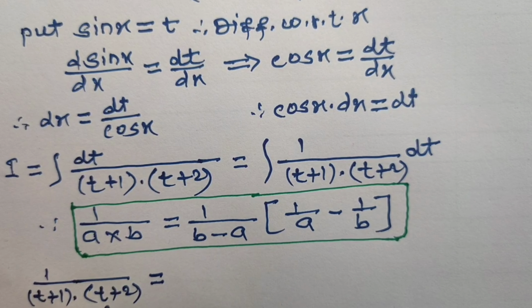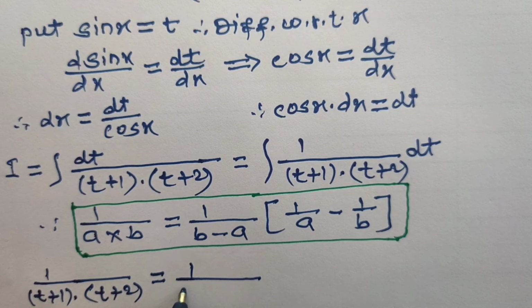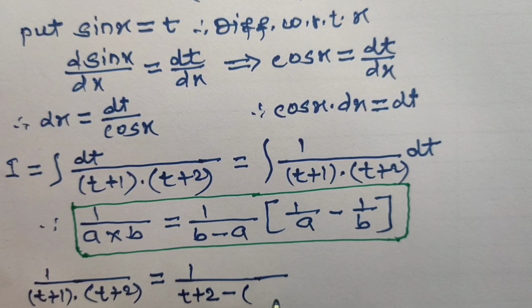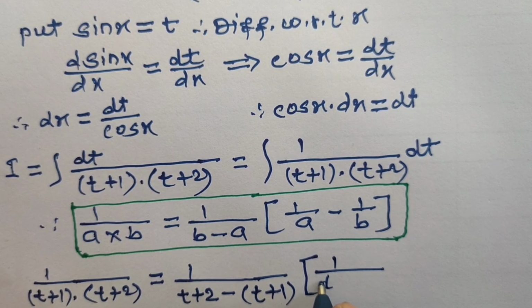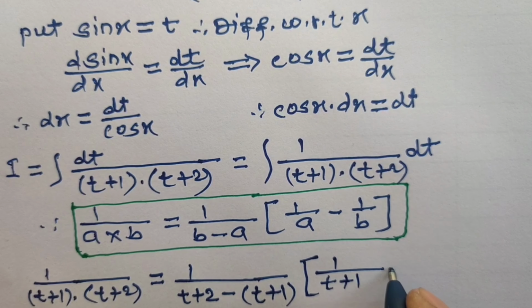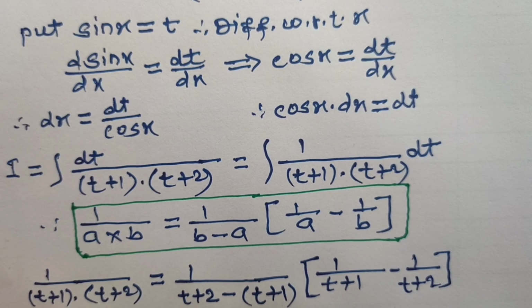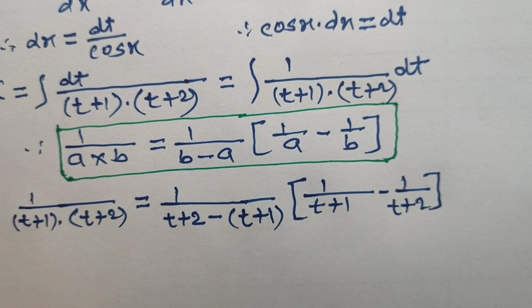Apply this formula. b minus a is (t + 2) minus (t + 1), so we can write 1 upon ((t + 2) minus (t + 1)) into bracket 1 upon a, that means 1 upon (t + 1), minus 1 upon b, that means 1 upon (t + 2). Bracket close. Now simplify this.